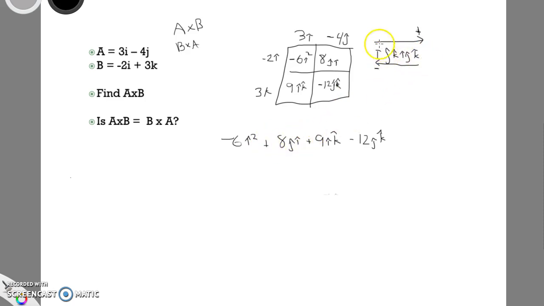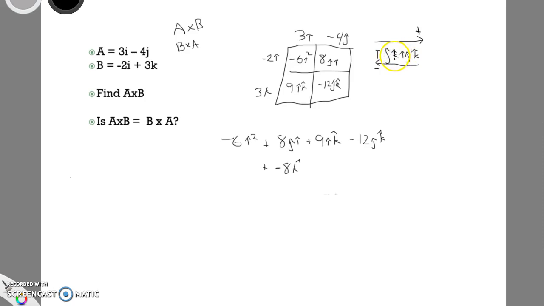So it works like this. 8ji. If I go this way, I don't see ji. If I go this way, I see ji. And so the missing letter from j and i is going to be k, and it's going to be negative k since I'm going this way. So this is negative 8k. Alright? For the 9ik, I don't see ik this way, I see it going back this way.